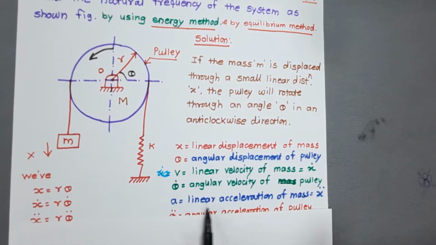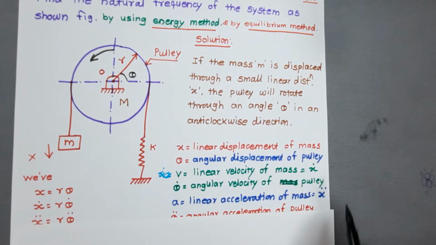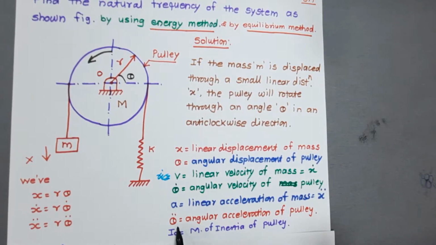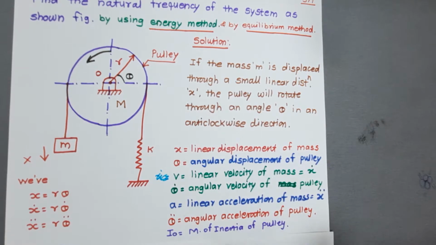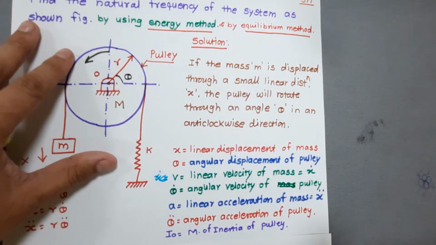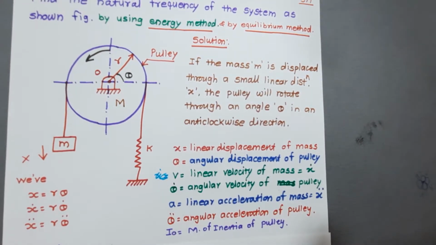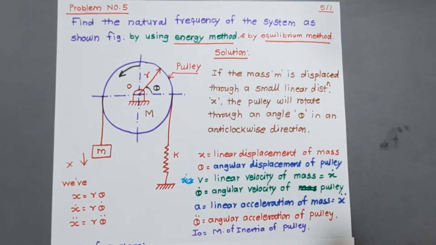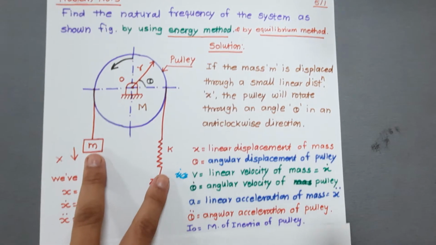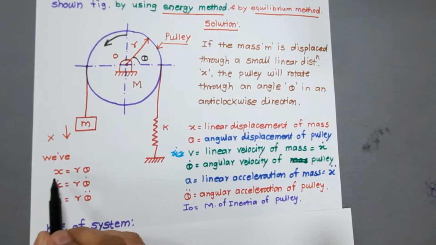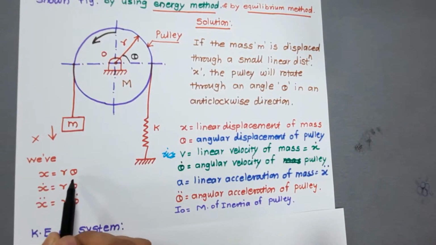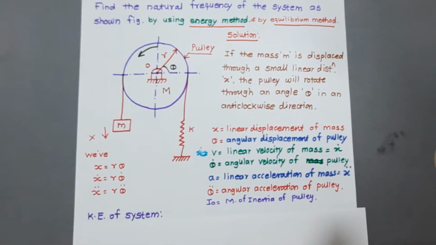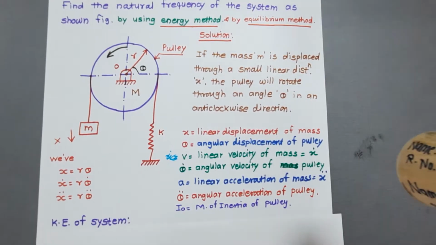Then a is the linear acceleration of the mass, represented by x double dot, and theta double dot is the angular acceleration of the pulley, and I0 is the moment of inertia of the pulley. This is the provided data. Now dear friends, please focus on this part. As x is equal to r theta, therefore x dot is equal to r theta dot, and x double dot is equal to r theta double dot.